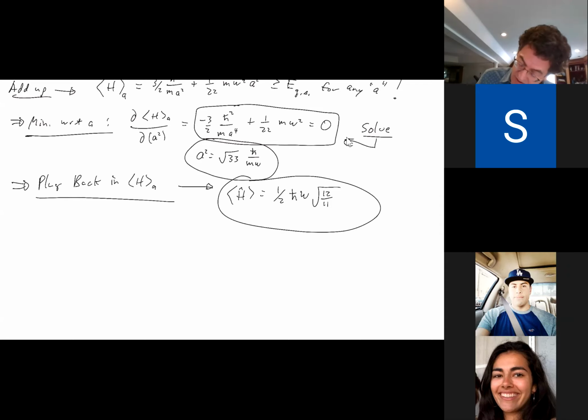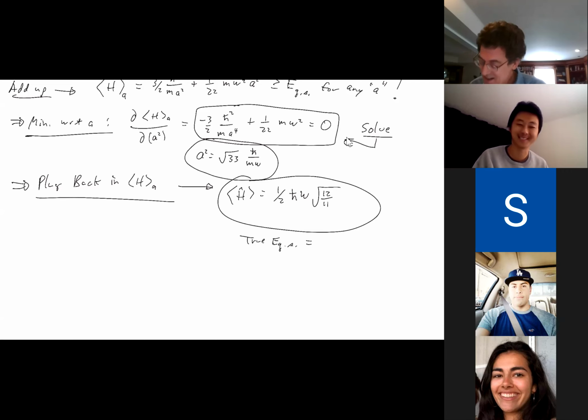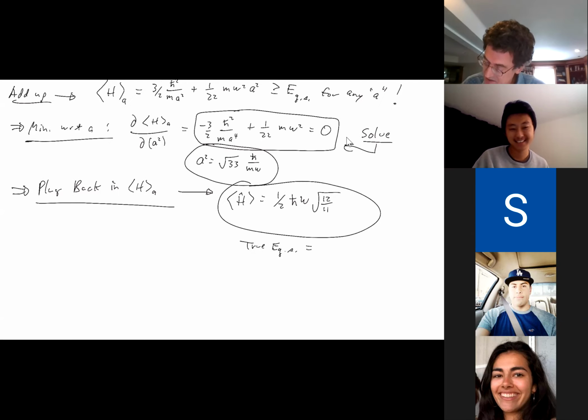And what's the true value? Somebody tell me the true value of the ground state. 1/2 h bar omega. Yeah, 1/2 h bar omega. Sorry. Exactly. I know so many of you knew that. That's exactly right. That's the real answer.